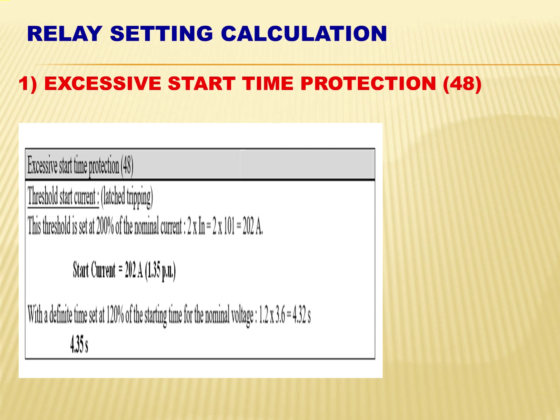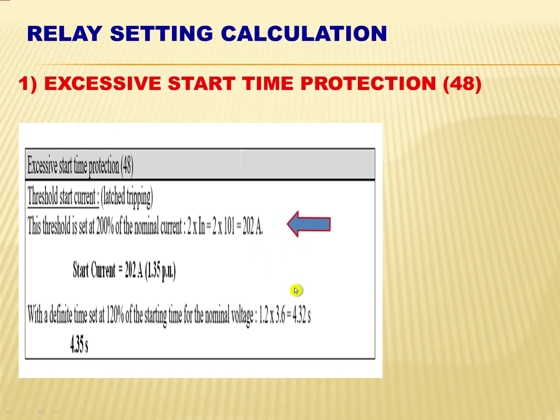Okay, first one for the relay 48 or the excessive start time protection. Our threshold here is set to 200% of the nominal current. Our nominal current is 101 ampere, so multiplied by 2, that's why we have 202 ampere from here.